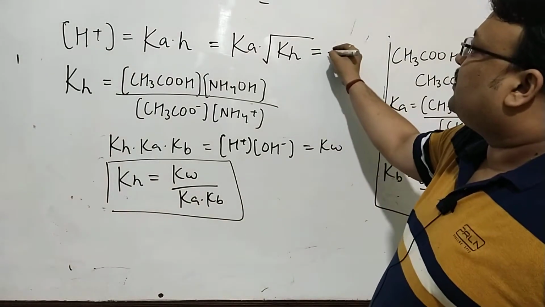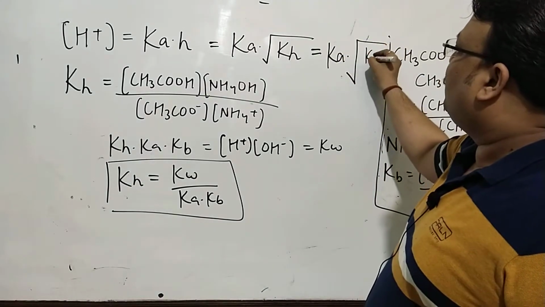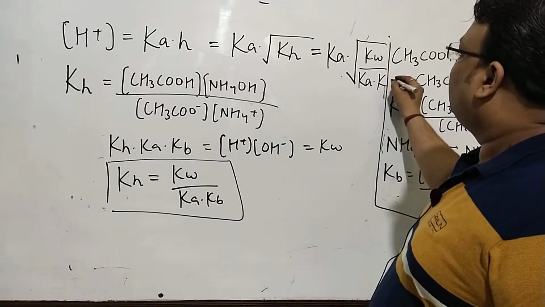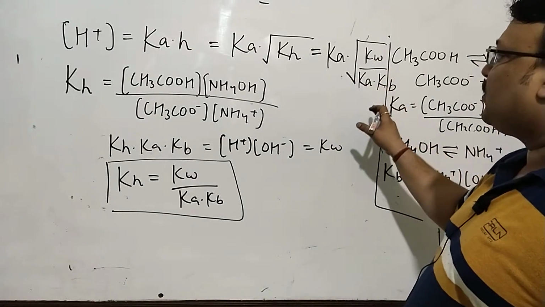And if I substitute the same here, I am just substituting Kh as Kw upon Ka into Kb.